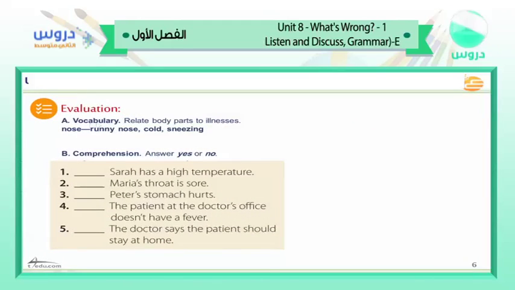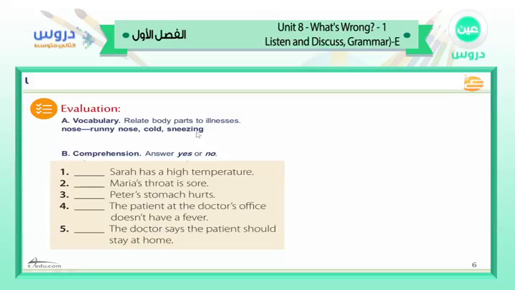So now we have an evaluation. A, vocabulary. Relate body parts to illnesses. For example, the nose is a part of the body. If you have something wrong with your nose, maybe you will have a runny nose, a cold, or maybe sneezing.